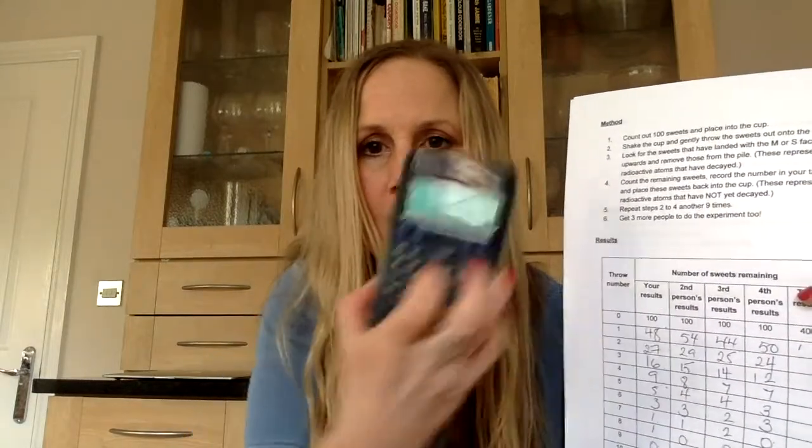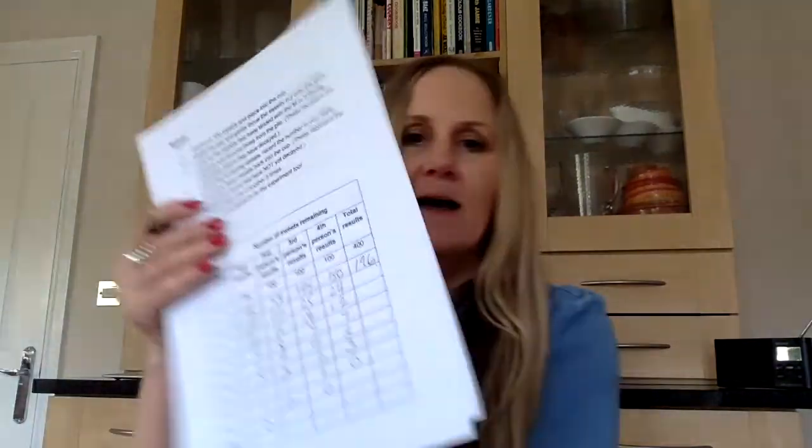So totaling them up then, I'm going to work across the top row. Get your calculator. There's no need to be doing mental maths here. 48 plus 54 plus 44 plus 50 equals 196. I'm writing 196 in that last column.